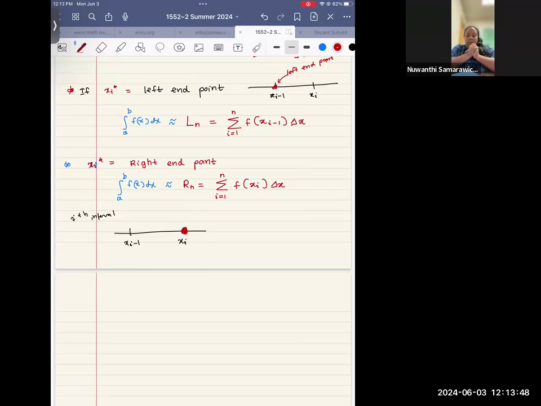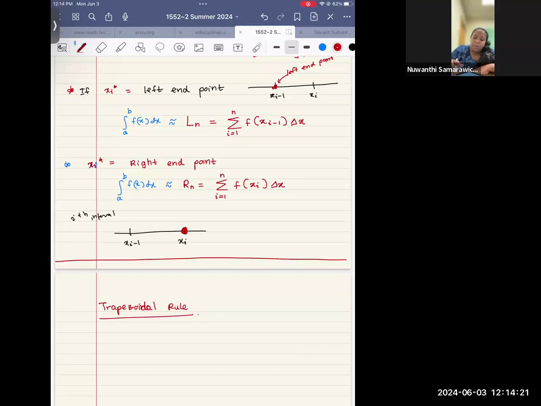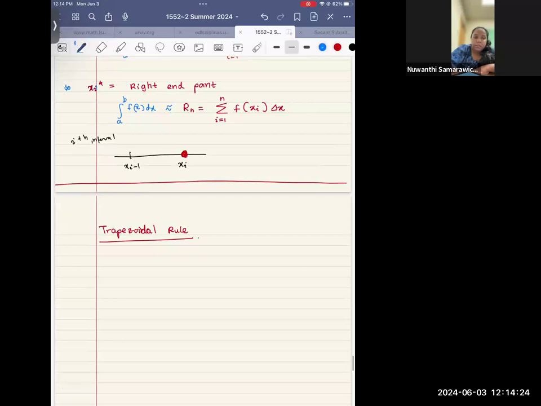So now this is a revision, and now let's find the new part. This is called the trapezoidal rule.